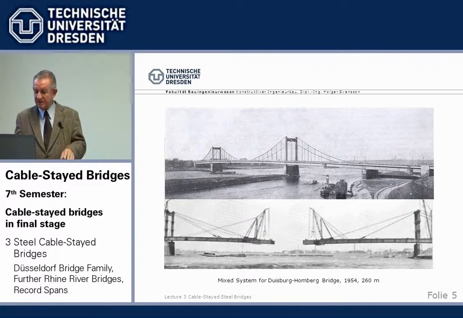And then immediately the first bridge after the war in this connection, across the Rhine River at Duisburg-Homberg, completed in 1954, used for the last time a mixed system, some sort of a suspension bridge, but not a continuous suspension cable. The cable, like a stay cable, connected to the beam, self-anchored, so the normal force runs here.